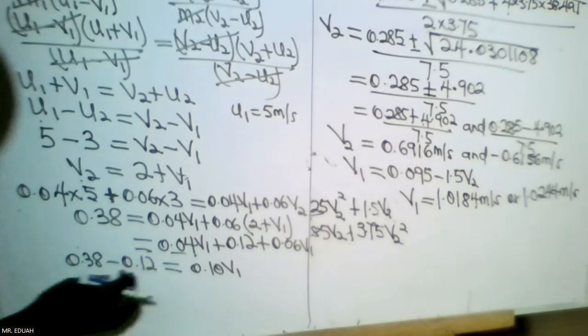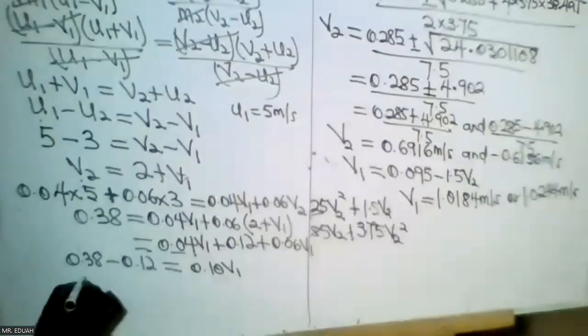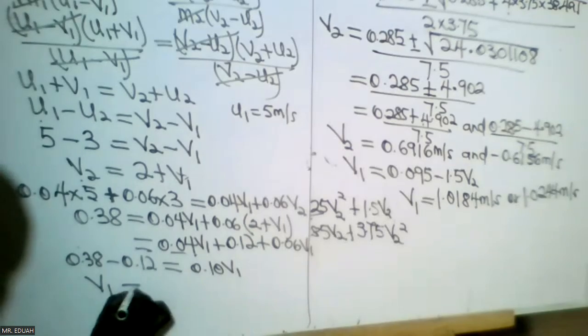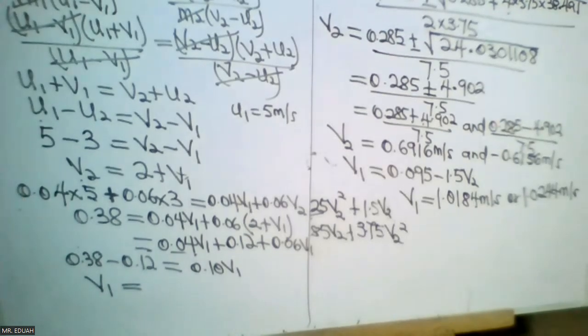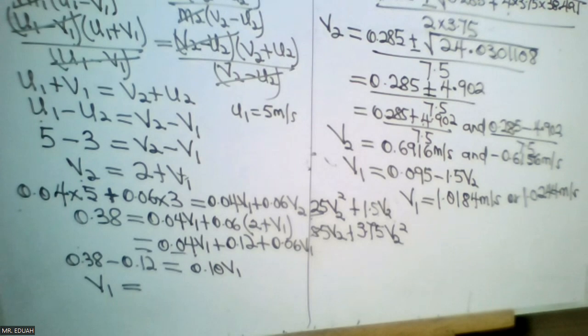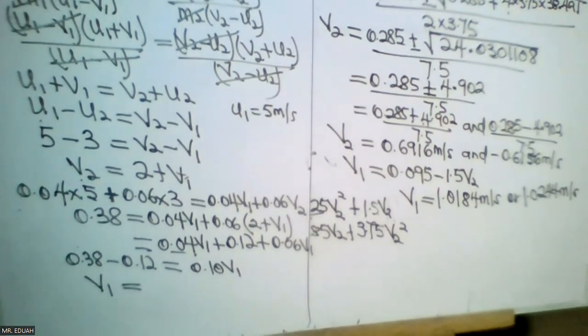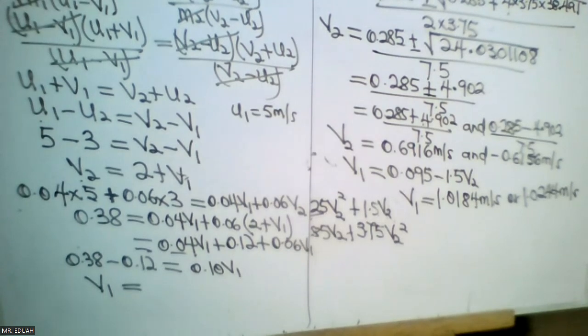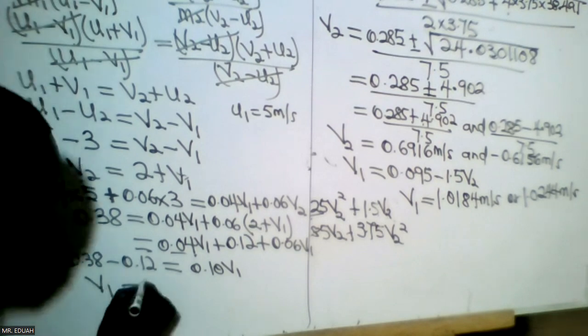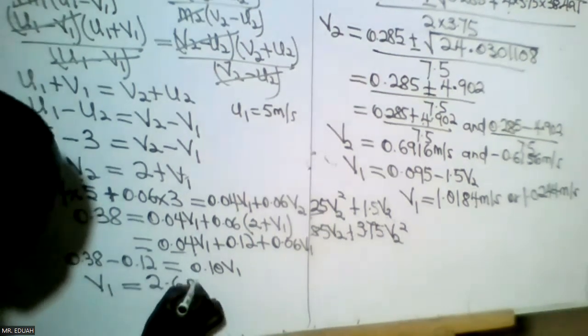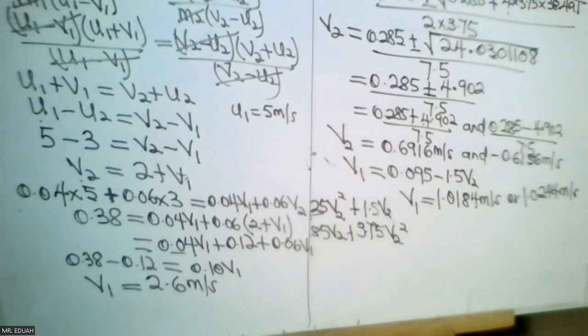Therefore, subtract this from this, and when you finish, divide by that. 0.38 minus 0.12 divided by 0.1 gives 2.6. That is 2.6 meters per second for V1.